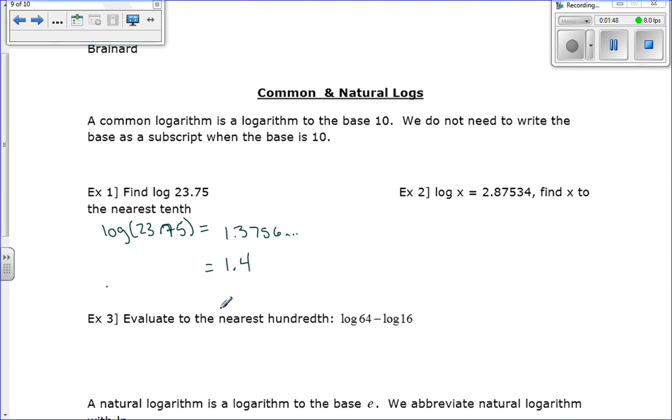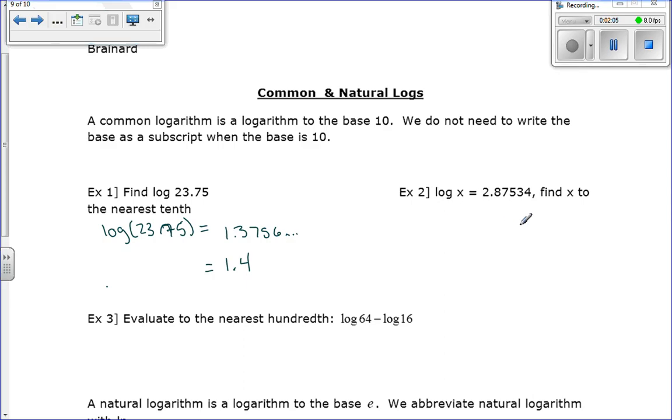For number 2, we have log x equals 2.87534, and we need to find x to the nearest tenth.